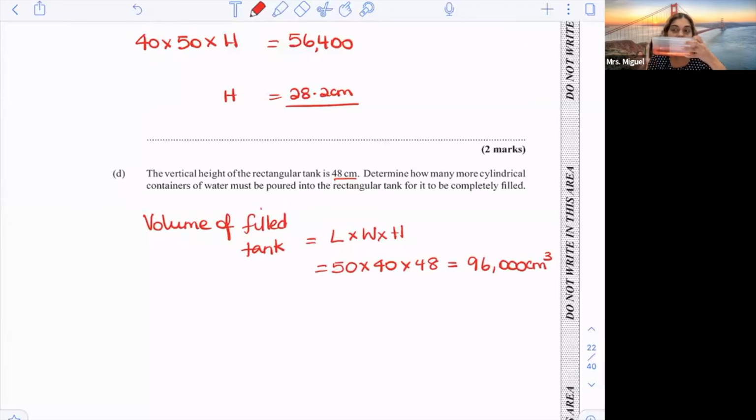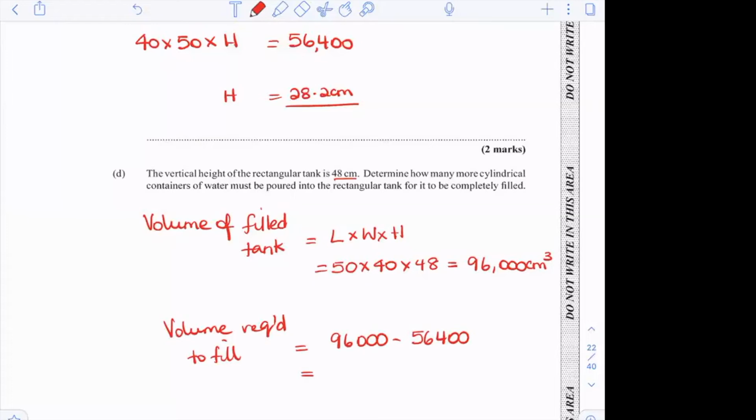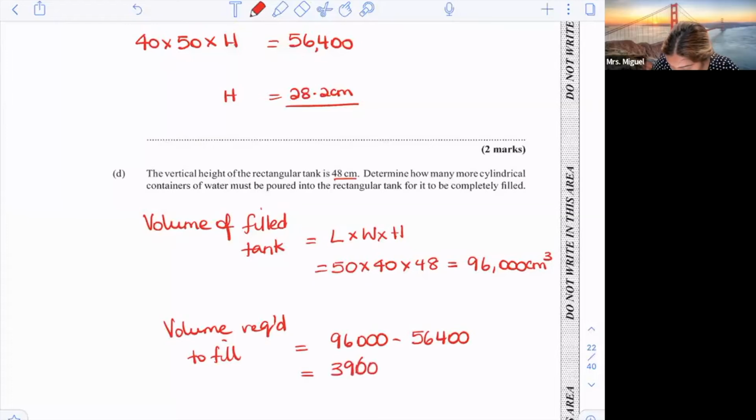But I have 56,400. So it means that the difference, the empty space from the pink liquid to the top is what I have to fill. So the volume required to fill is 96,000 minus 56,400. 39,600 centimeter cube.